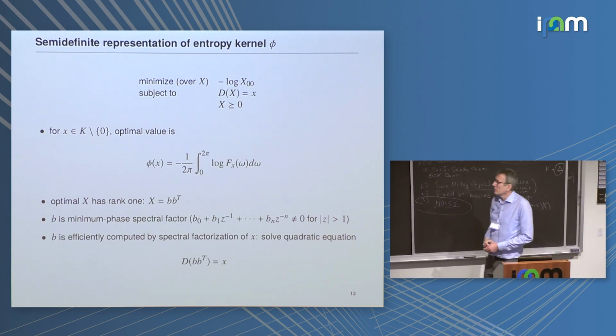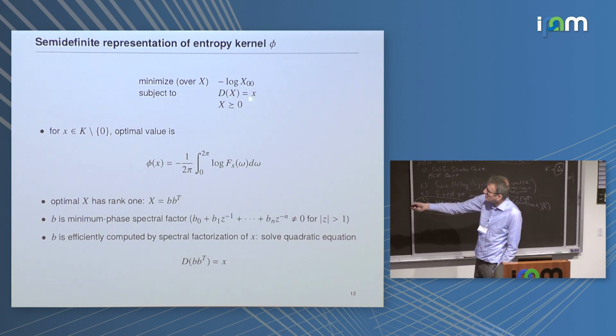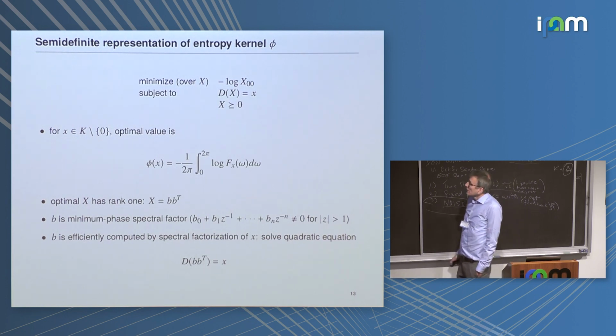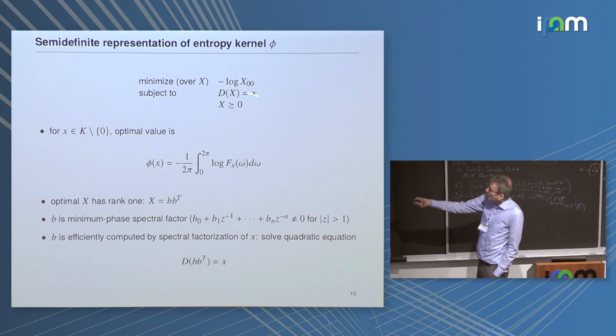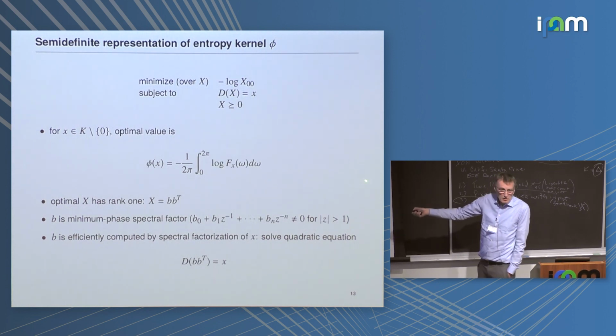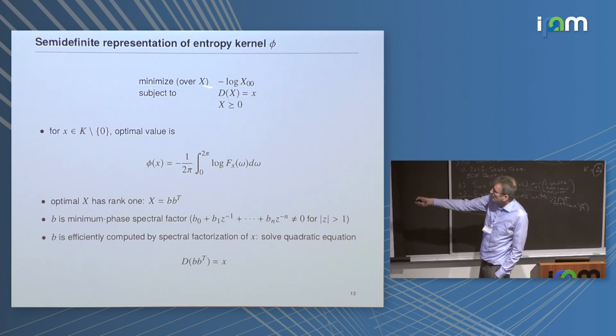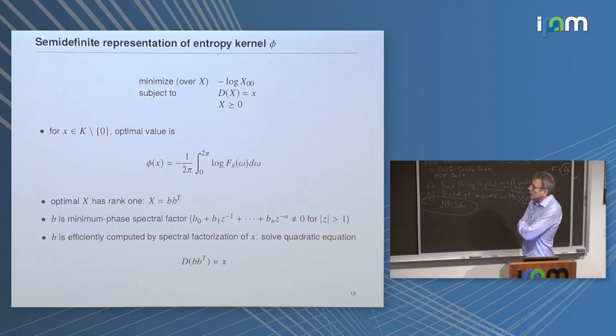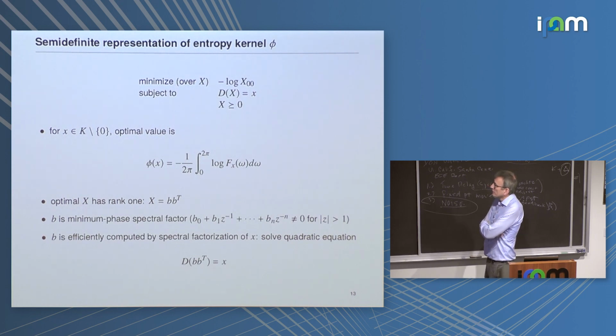Here we start the indexing at 0, so it's the X0,0 matrix element. The positive semidefinite matrix X is mapped to the vector of coefficients under this linear mapping, and the highest 0,0 element gives you the value of this function. If you take the negative of the log of that optimal value, you get this phi.